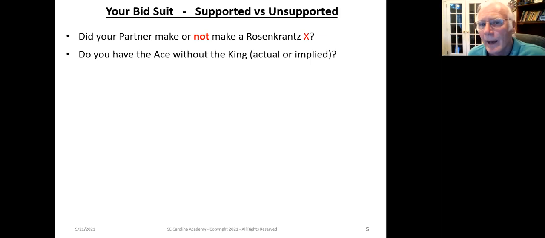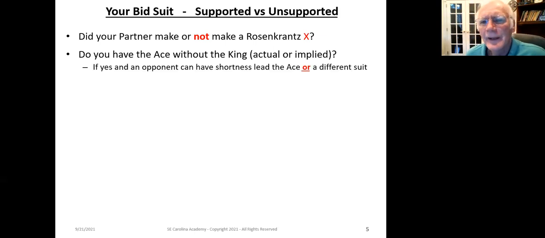Okay, now do you have the ace without the king? Actual or implied. If yes, the opponent can have shortness, lead the ace, or a different suit. Now, if you lead the ace, you're implying that you have the king.